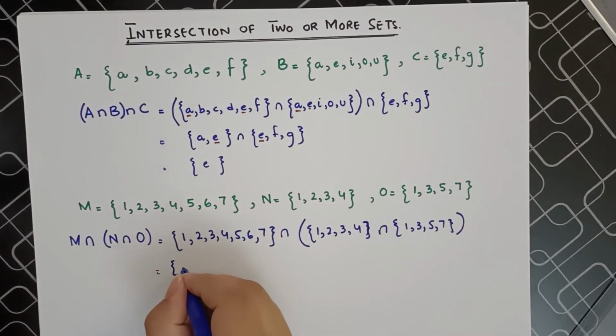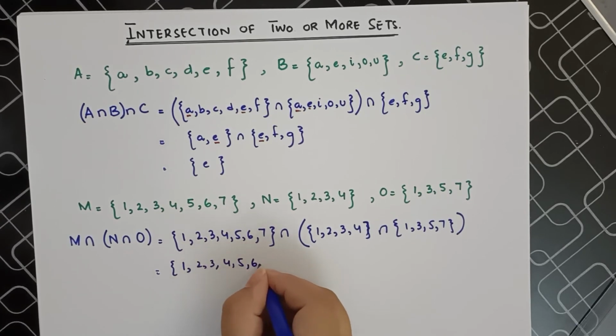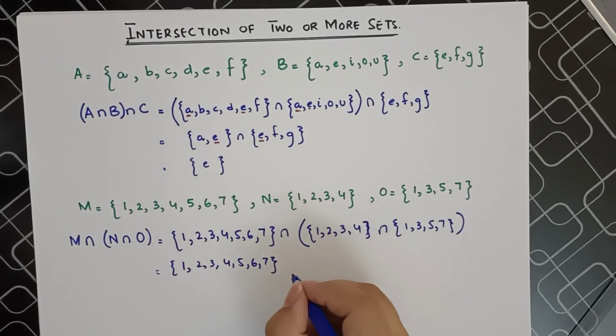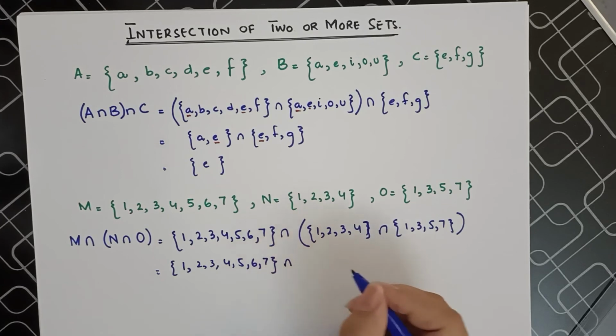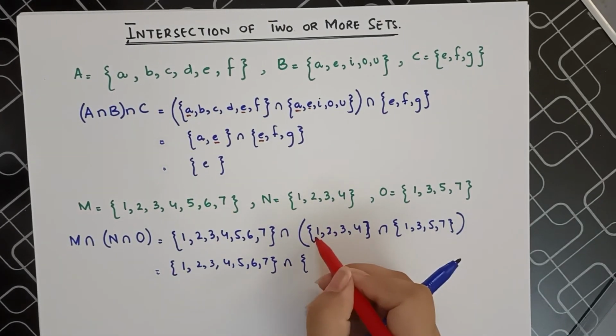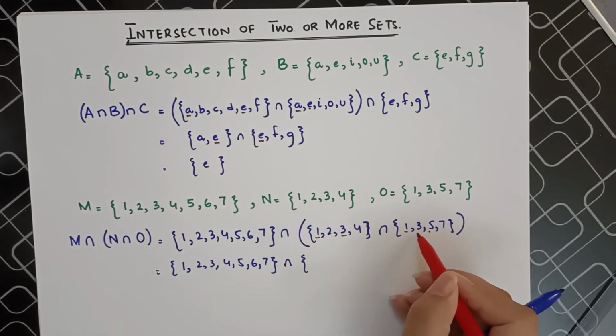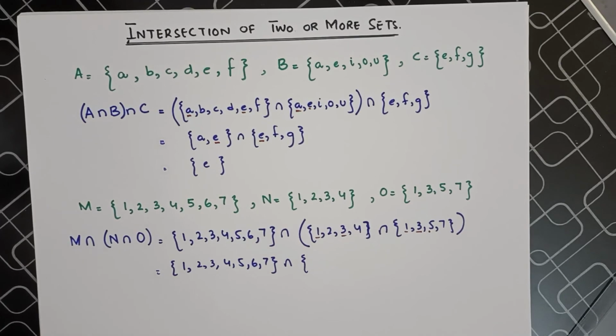We're going to write the first one as it is, 1, 2, 3, 4, 5, 6, 7, because it's not being solved right now. And now we're going to write the common terms of these. So 1 is common in both of them. 2 is not present. 3 is present. 5, 7 is not present. So we're going to write only the common ones, which are 1 and 3, and here.